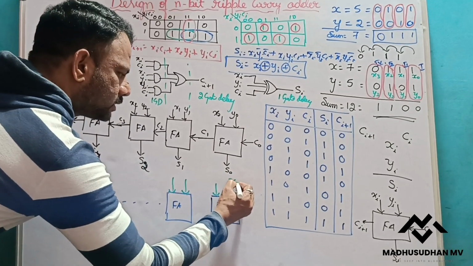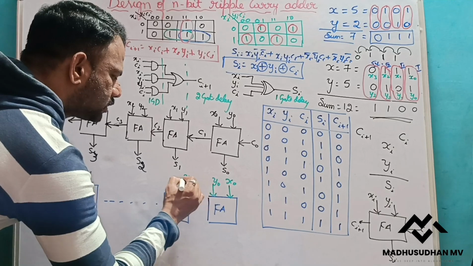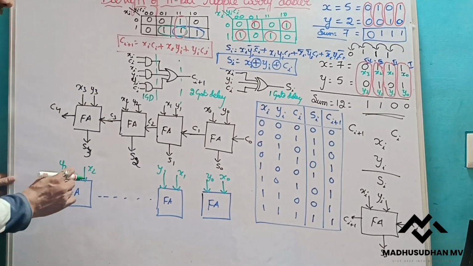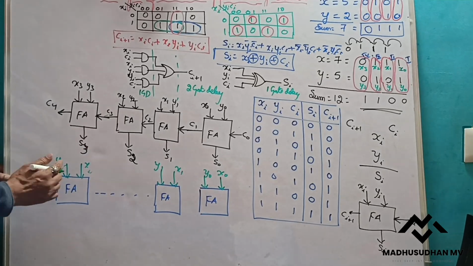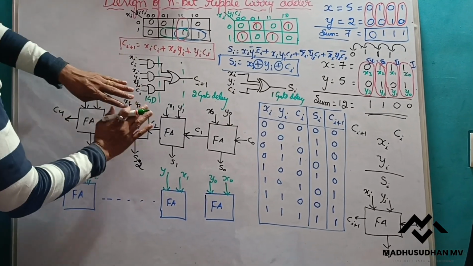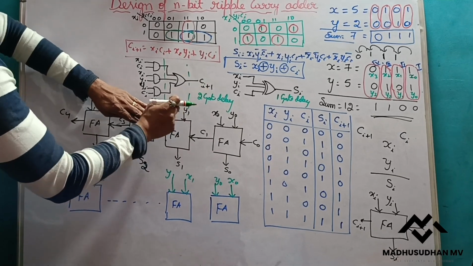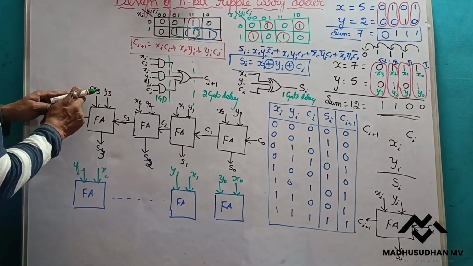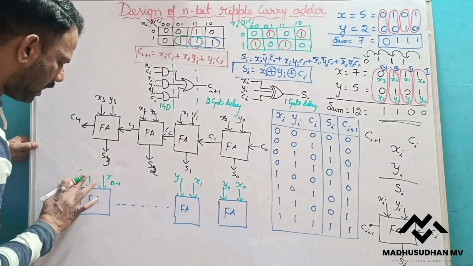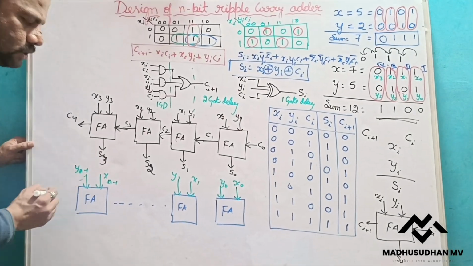So this is my x0, y0, x1, y1. Last bit is what? N bit, 4 bit, it is 3. Suppose 2 bit means 0 and 1, 2 bit last is 1. 4 bit last bit is 3. N bit last is n minus 1. So this is x n minus 1 and this is y n minus 1.